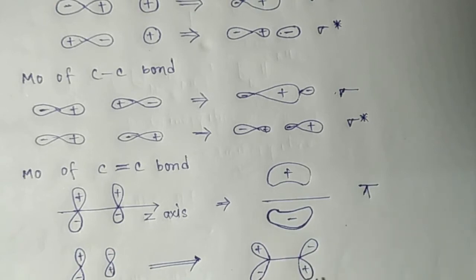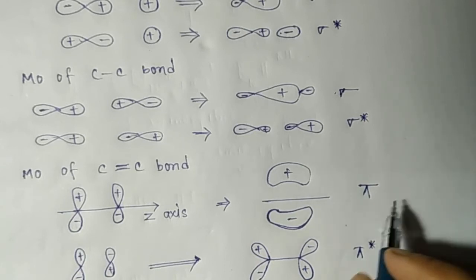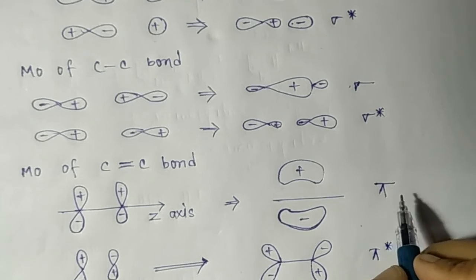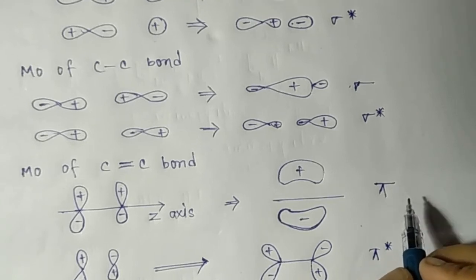Again, this is due to the electronic repulsion between them, and this pi star MO is of higher energy than the pi MO. This is called the pi star antibonding molecular orbital, and this the pi bonding molecular orbital.